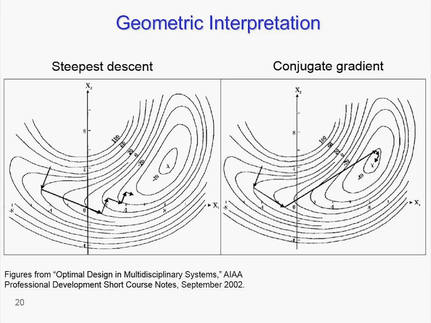These are contours of the objective, so the direction of steepest descent is perpendicular to the contours. What you were saying, Dominic, it looks along here and there's the point that would minimize. It gets to the new point, computes the direction of steepest descent, moves along here, and so on, steepest descent, steepest descent.